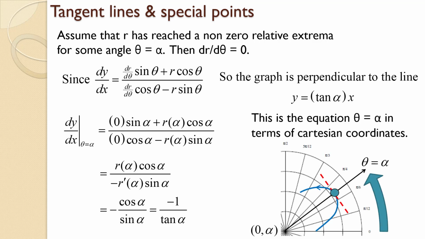So that means that if you draw the angle theta equals alpha, when you're looking at a relative maximum in the radius, or a relative minimum in the radius, for some positive radius, then as you draw the curve and rotate into it, the tangent line will be perpendicular to the angle. Well, that means as the angle increases and you draw your curve, the curve will get a tangent line that is perpendicular to the line theta equals alpha.